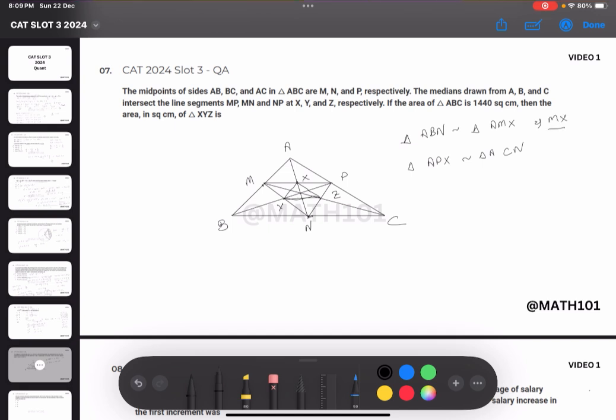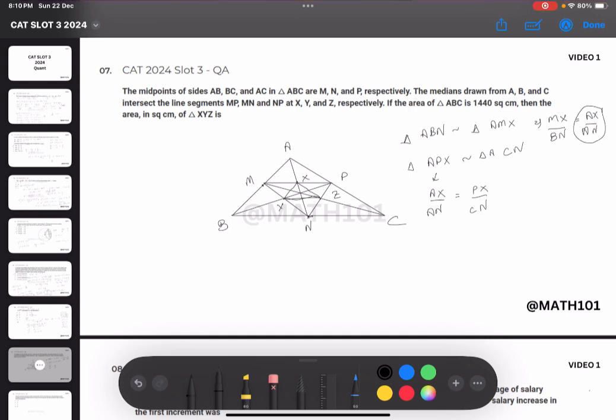MX upon BN is equal to AX upon XN, and this implies AX upon AN is equal to PX upon CN.